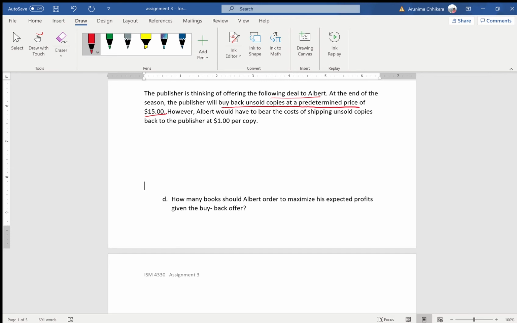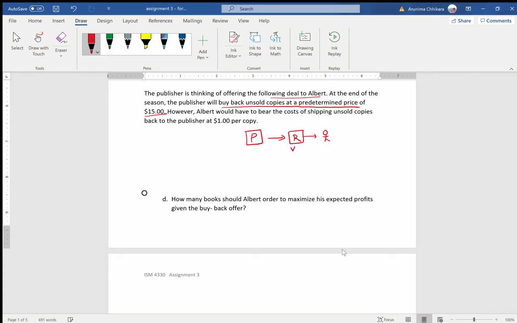So what does the supply chain look like? For any of these questions, the first thing you should always do is draw it out and write the corresponding economics of the problem. Here we have the publisher, and then the retailer, which gets the books from the publisher, and then sells to the end customer.